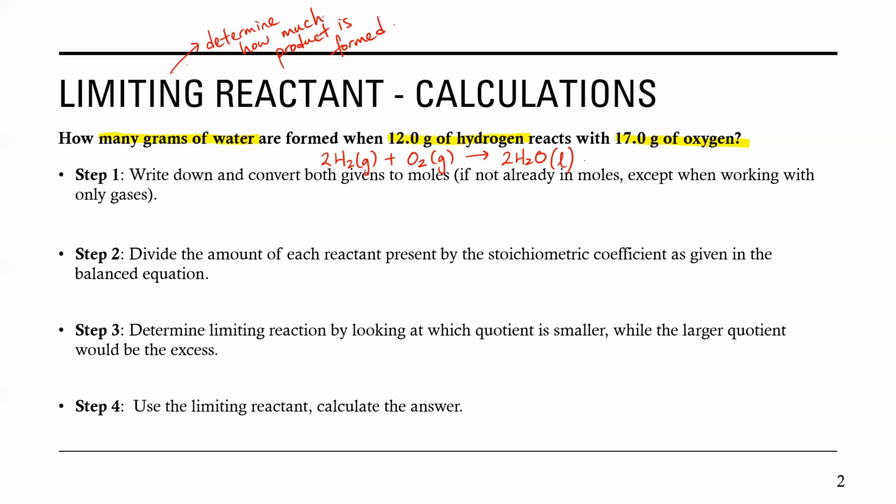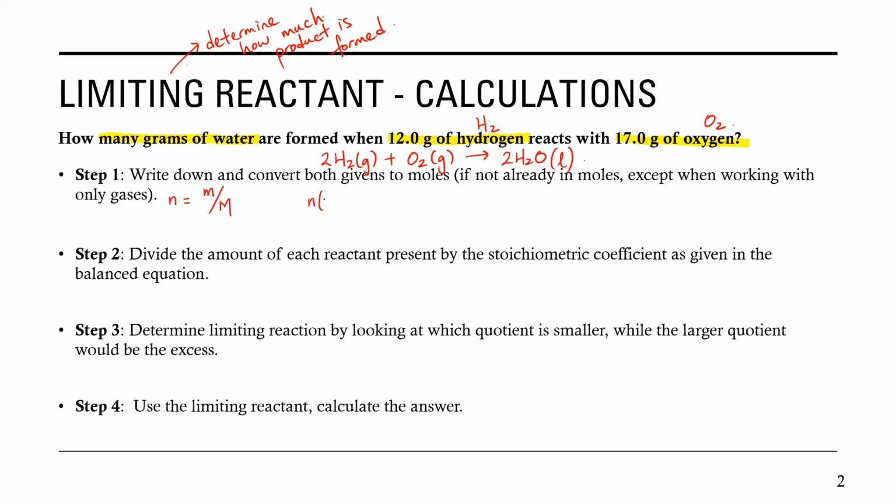Okay, so the first thing you have to do is to find the number of moles of H2 and the number of moles of O2. For n of a substance, n is equal to mass over molar mass.